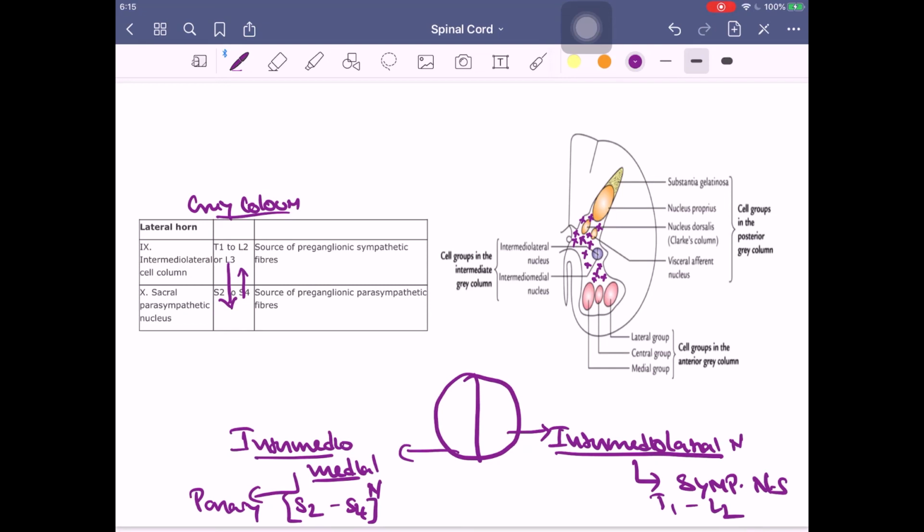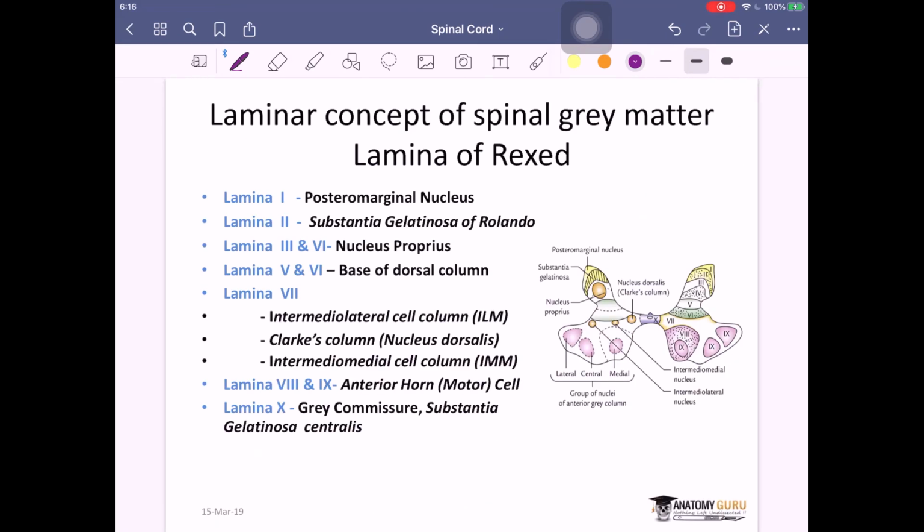Whatever nuclear columns they have shown definitely have a role, and if there is any damage in this area, the information relaying there gets affected. But people started asking, what happened to the area where you don't have anything? Either there are no neurons present there, or the neurons present there are not taking part at all. Because of this problem, then came another scientist by the name Rexed.